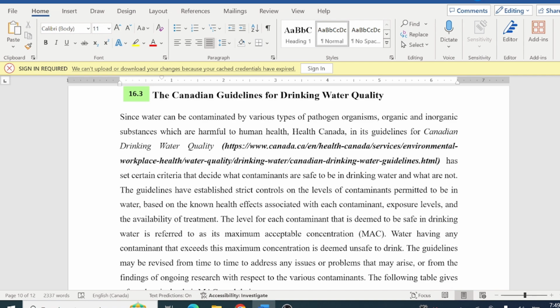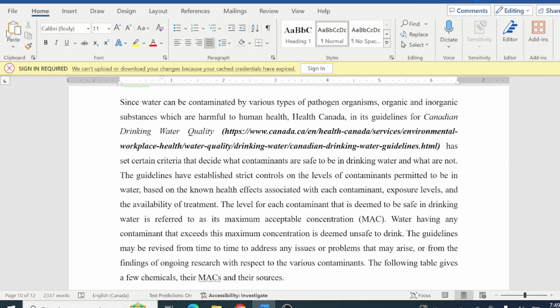Since water can be contaminated by various types of pathogenic organisms, organic and inorganic substances which may be harmful to human health, Health Canada, in its guidelines for Canadian drinking water quality, and this is the website there if you want to visit that, has set certain criteria that decide what contaminants are safe to be in drinking water and what are not.